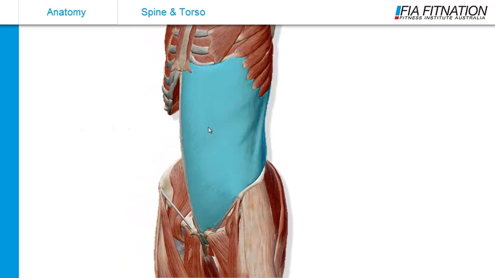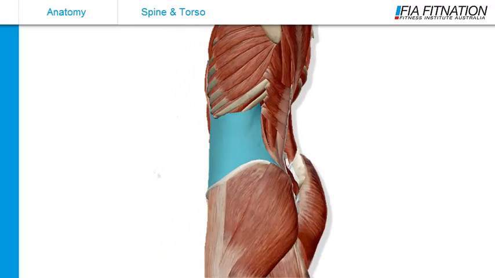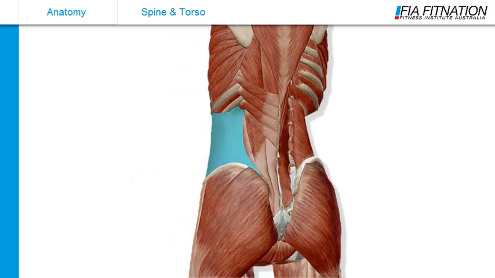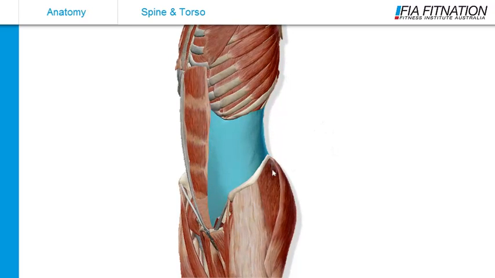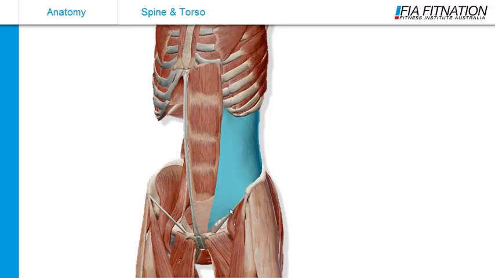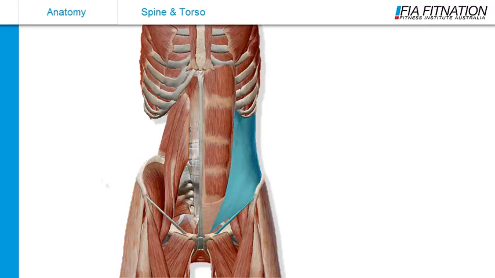Okay, now underneath we have the internal obliques. Now, the internal obliques have an origin on the thoracolumbar fascia, which is that white diamond-shaped fascia of the lower back, the iliac crest, as you can see there, and the lateral 2/3 of the inguinal ligament, which is this ligamentous structure which runs from the ilia to the pubis, which forms the inguinal canal.